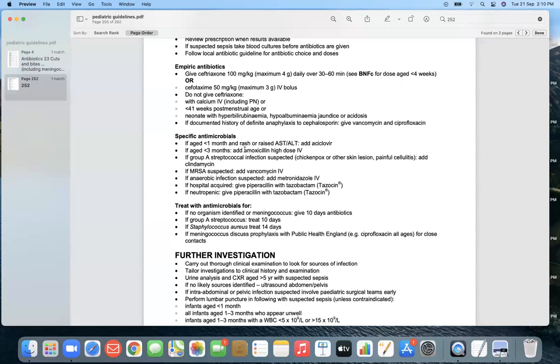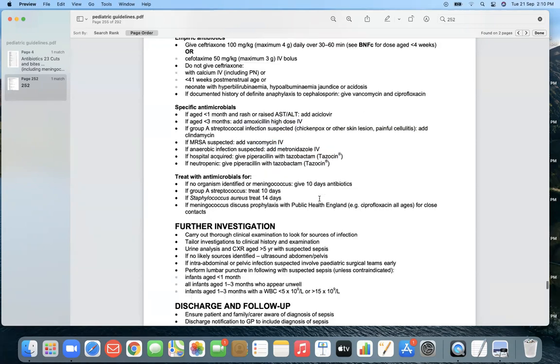Here it's given amoxicillin, so in the exam, better say amoxicillin high dose. If group A streptococcal infection, add clindamycin. If MRSA, vancomycin. If anaerobic infection, metronidazole. If hospital acquired and neutropenic, both piperacillin and tazobactam, that is Tazocin.